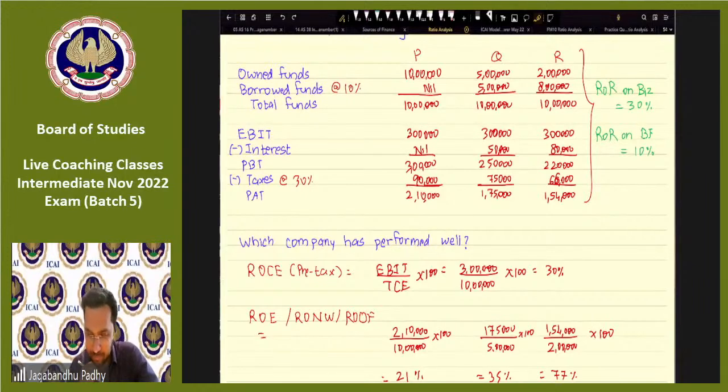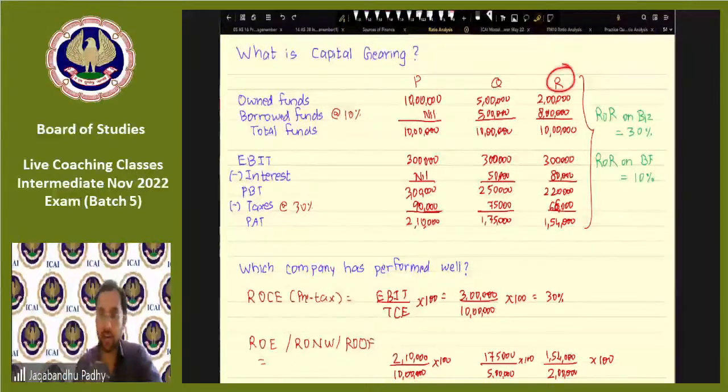Now, my question to you is, is it always the case that company R will have superior returns as compared to P and Q? Is it always that owners of R will have the highest return?